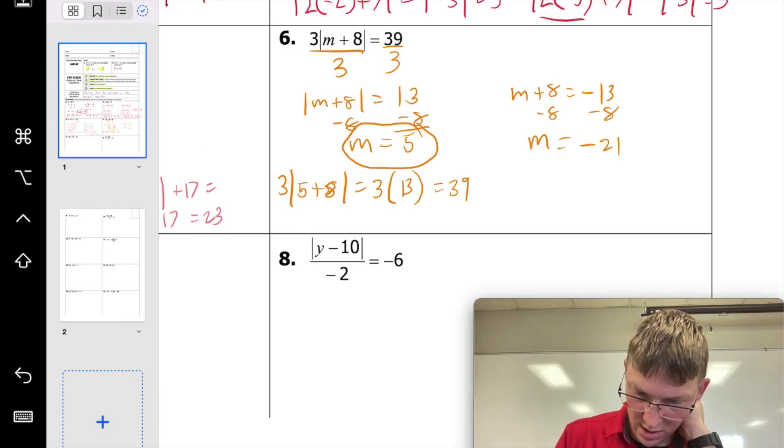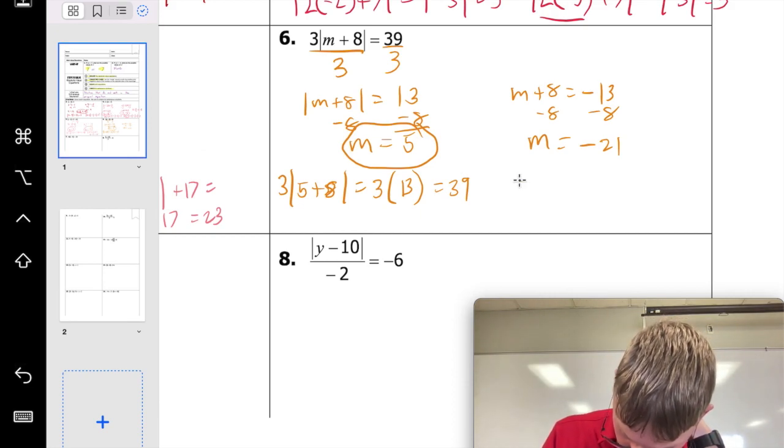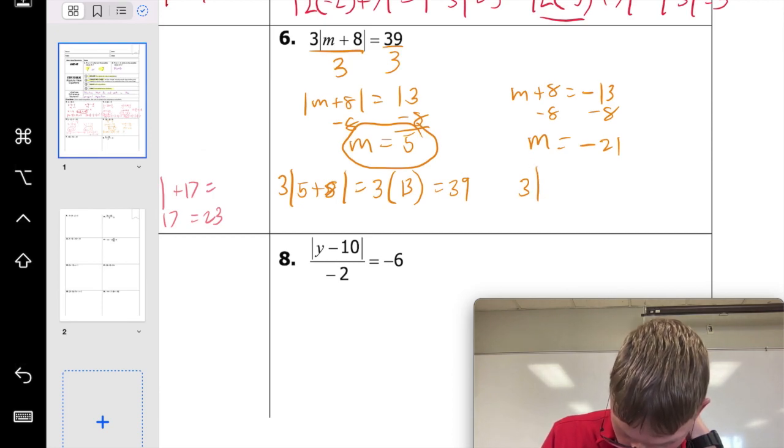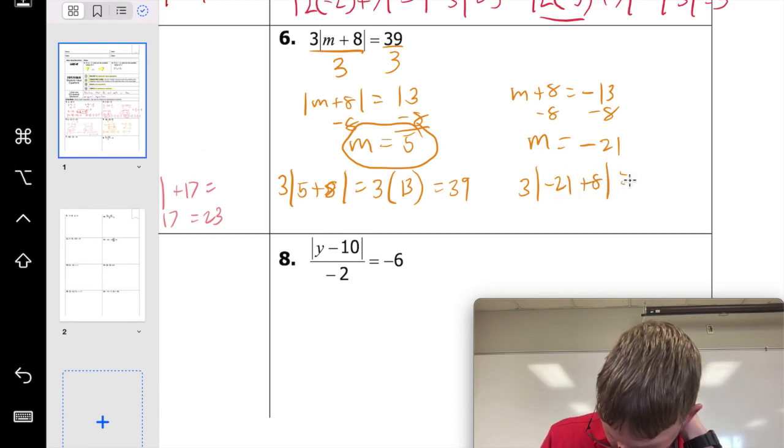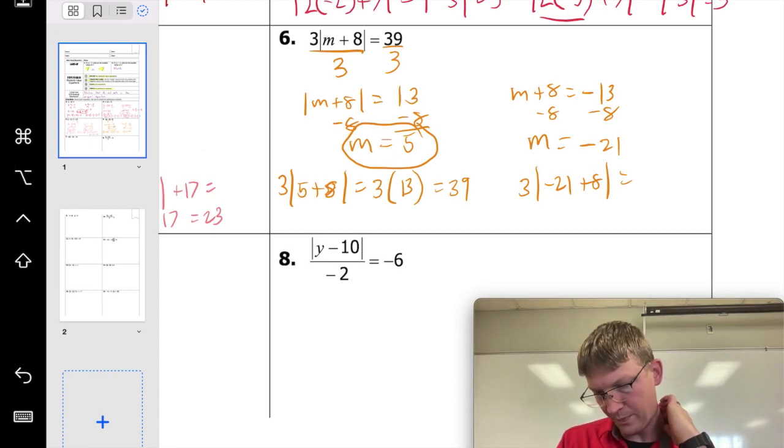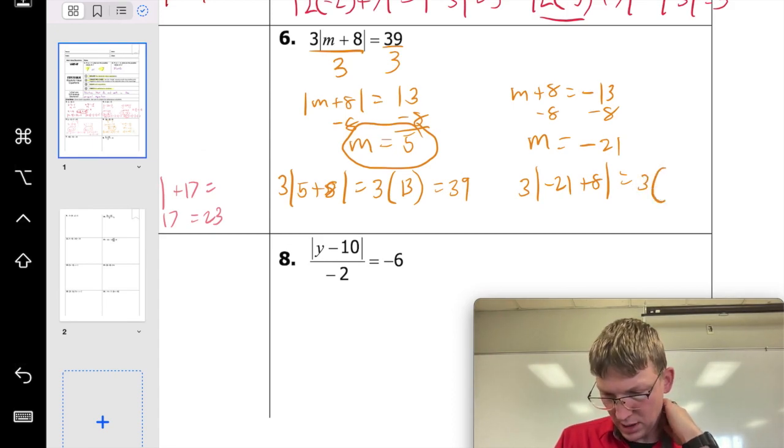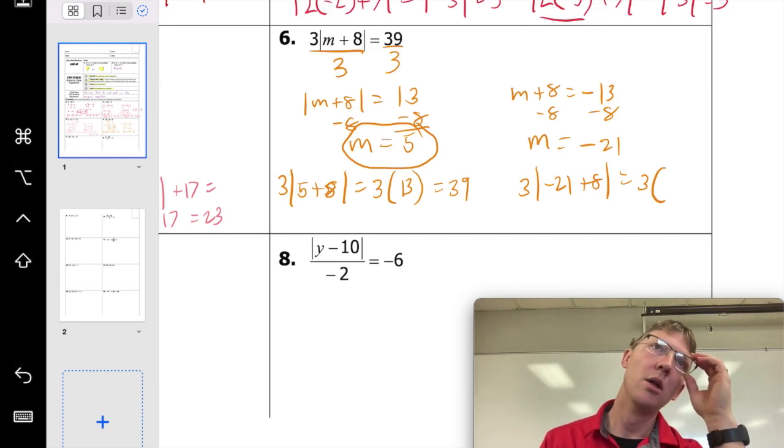So now over here on the right side, 3 times the absolute value of, what do we say? Negative 21 plus 8. And then what does that actually equal? So we've got 3 and then negative 21 plus 8.